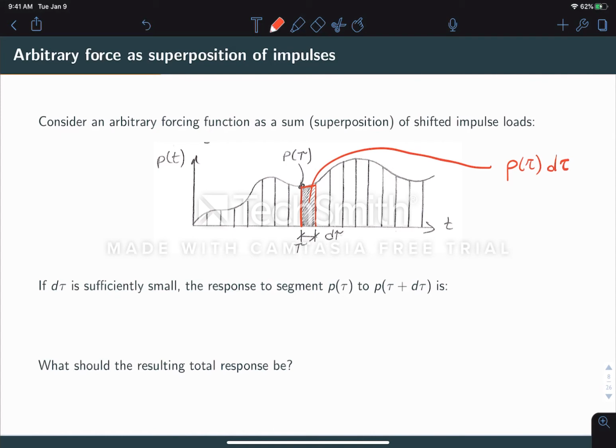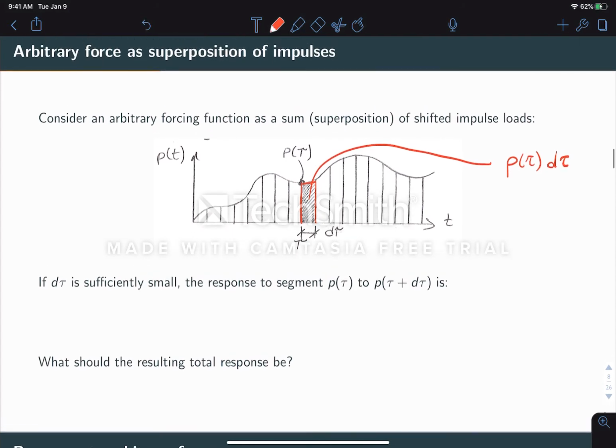So, if d tau is sufficiently small, then the response to that segment of the force, which spans from tau to tau plus d tau, is simply going to be the unit impulse response times the magnitude of that load.